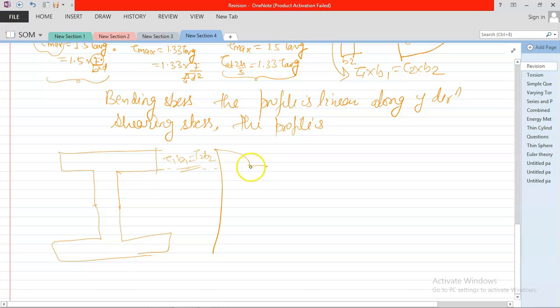Then again, because of the rectangle it is parabolic, so draw a parabolic. And again, because of the increase in cross section, there is a decrease in stress, so come back and again draw a parabolic. You can see how easily you can draw these. You don't need to remember how to derive, just remember how to draw the figures.